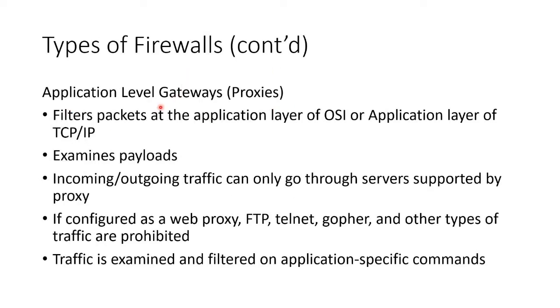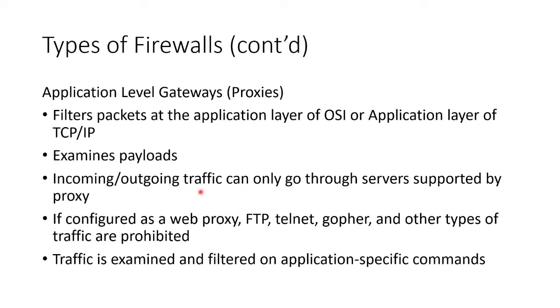Now the most sophisticated version of these basic types is called the application level gateway. It's also sometimes called a proxy. It filters packets at the application layer of the OSI model or the application layer of the TCP/IP model. It examines payloads. And what it does is there is a service for every protocol.